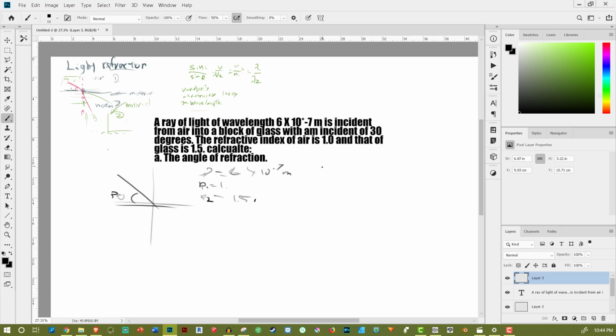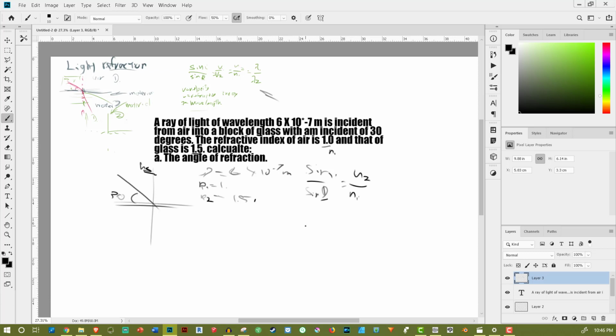So using this formula right here, sin i over sin r equals n2 over n1. This one is mentioned first, so that will be n1, and that's mentioned second, that makes it n2. So anyways, we need to find this one.